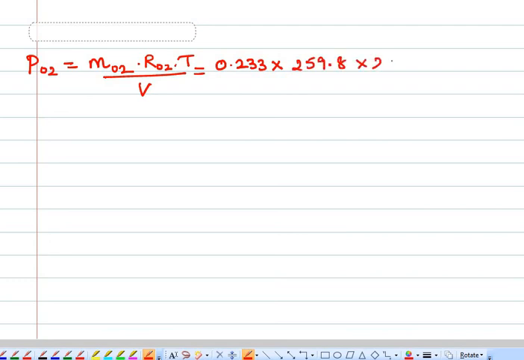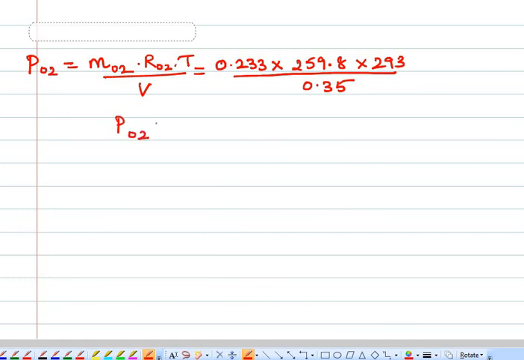The partial pressure for oxygen can be found using the equation P is equal to mass of oxygen into R value for oxygen into temperature divided by volume. So mass of oxygen is 0.233 and R value for oxygen is 259.8 and temperature 293 Kelvin divided by volume 0.35.